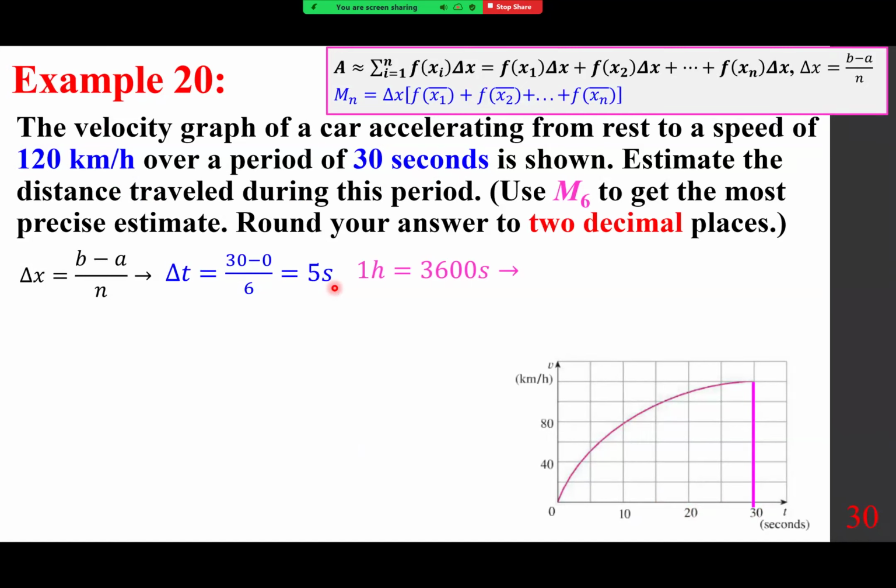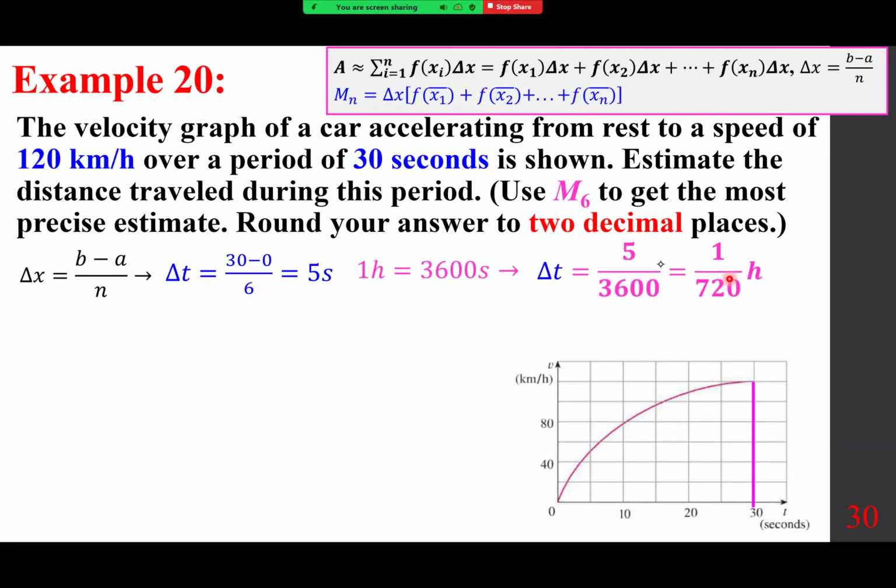In order to know how many hours, we are going to divide by 3,600. So delta t of 5 seconds is 1 over 720 hours, because 5 divided by 3,600. See, 5 goes away, 0 goes away, multiply 360 by 2. You know how it's done. 1 over 720th of an hour.